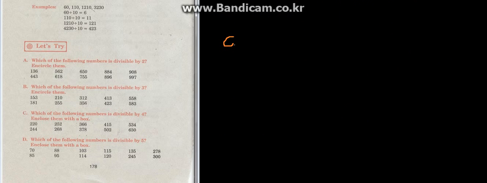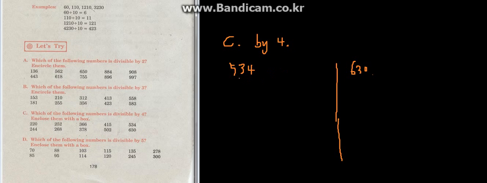Question C. Which of the following numbers is divisible by 4? Here we should check whether the last two digits are divisible by 4. Let me choose two examples: 534 and 630.